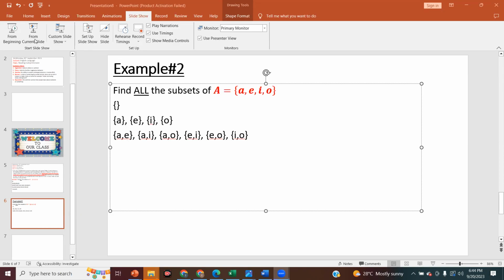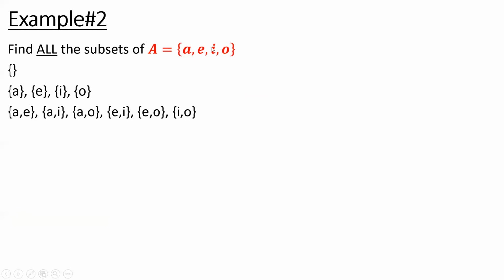The second one, okay, so let me explain what we're doing. Basically we have a set, and we're trying to find the subsets of it. The first subset is the empty set. The second group of subsets will be the ones with only one element. So it's going to be A, E, I, and O. That's the second row of subsets because you're just taking from A. The next group will be the ones with two elements.